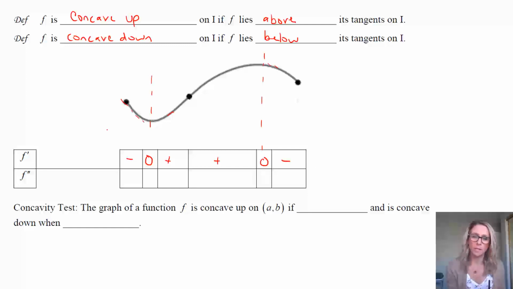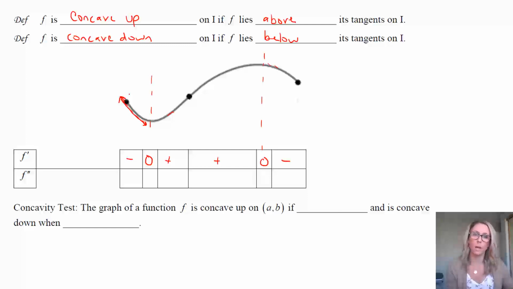So when we think of the second derivative, the idea is the second derivative is going to be positive when the function is concave up, and that's when f lies above its tangents. So if you notice, for the first piece here, if I was to draw a tangent line, it's going to look like this, and that tangent line is going to be under the function.